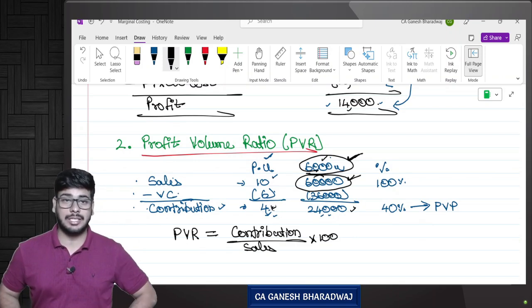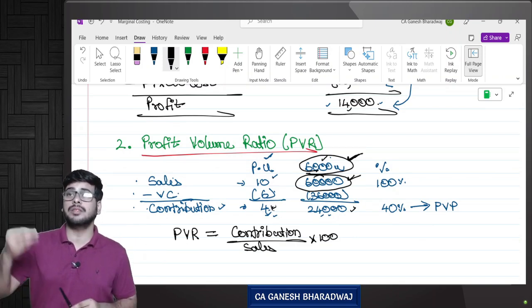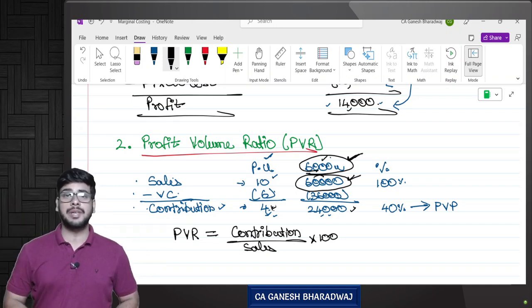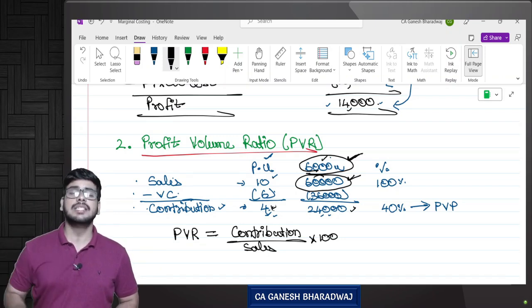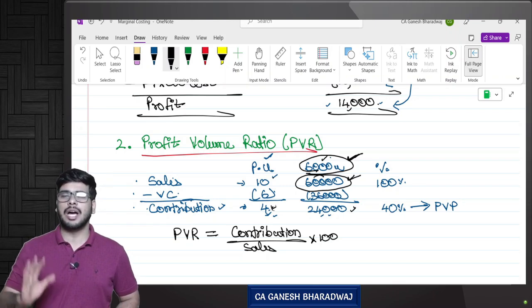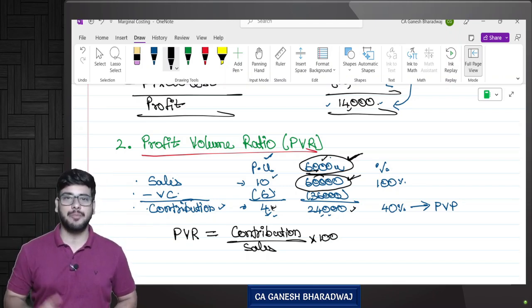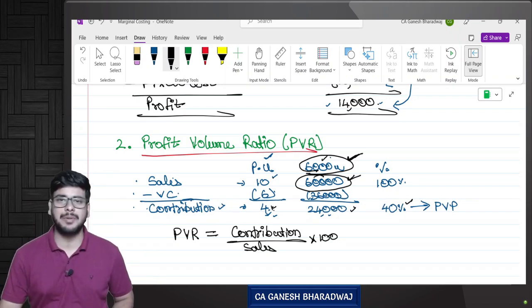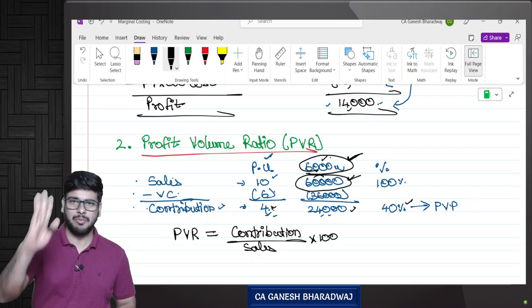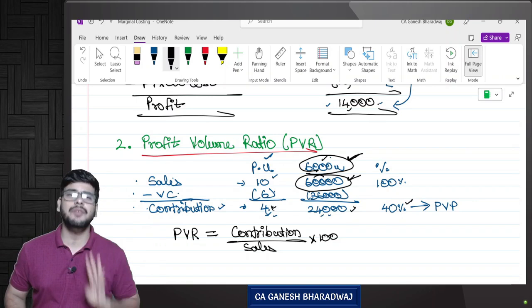Suppose someone is saying, I am going to make sales worth 1 lakh rupees. You tell me how much is going to be my contribution. They are not expressing sales in units here. They are directly saying sales in terms of value. How much is going to be my contribution? You can use this concept of PV ratio. PV ratio 40% means what? Every time you make sale worth 100 rupees, your contribution is going to be 40 rupees, correct?